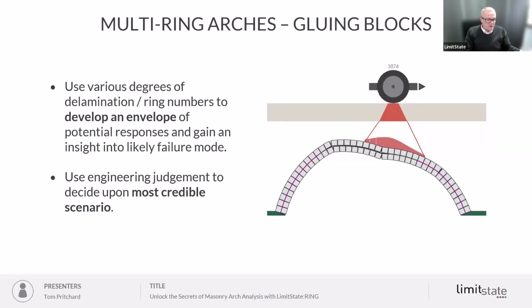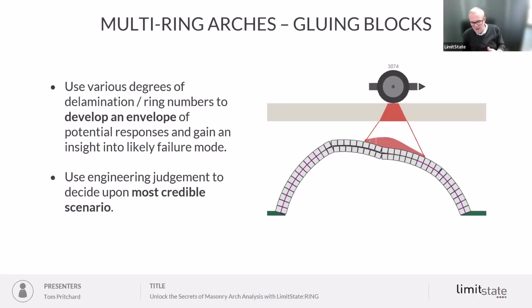I won't go into too much detail, but if you have different numbers of blocks per ring, or if the profile is not a nice smooth segment of an arch, then you can get staggering between the radial contact surfaces. In that situation we have to be careful not to glue every single circumferential contact, because we end up effectively gluing all the blocks together and creating a monolith.